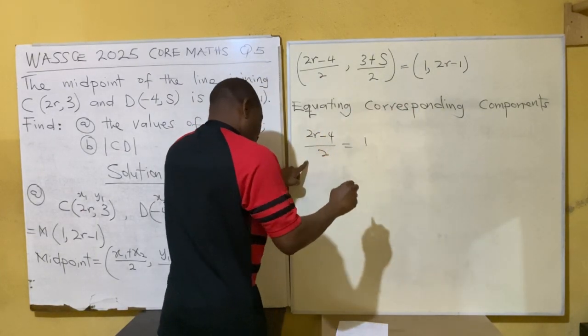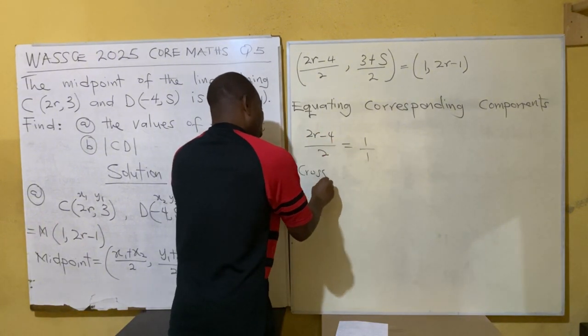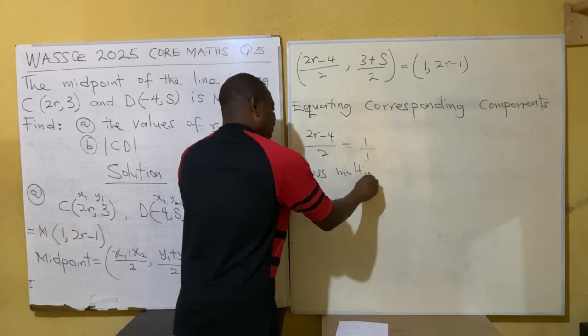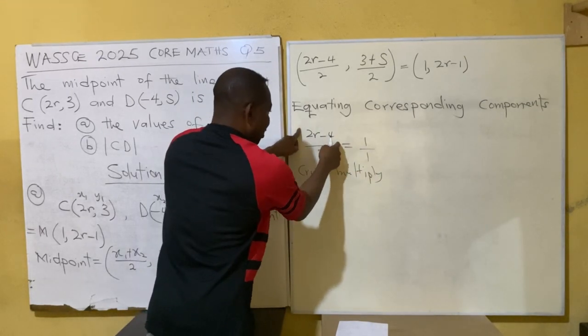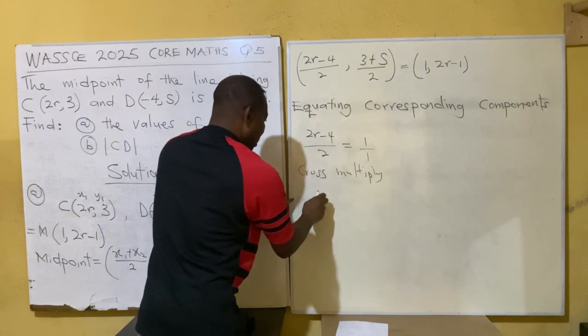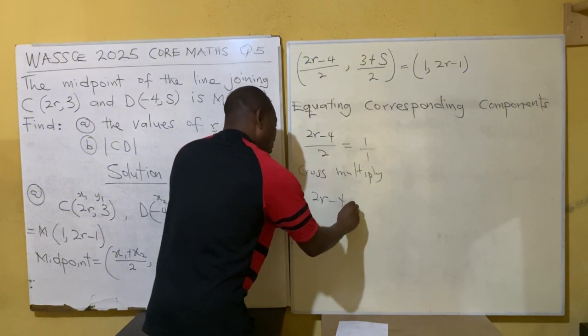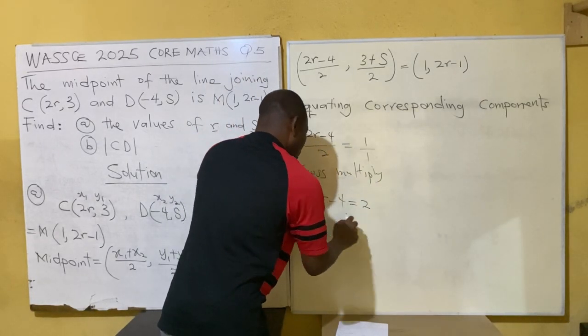So we do cross multiplication. This times 1 gives us 2r - 4 is equal to 1 times 2, giving us 2.